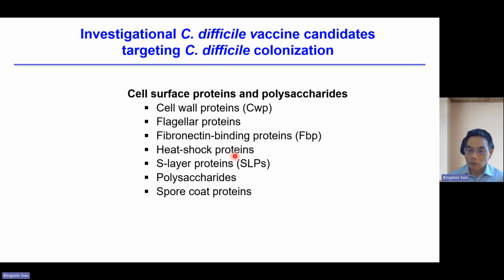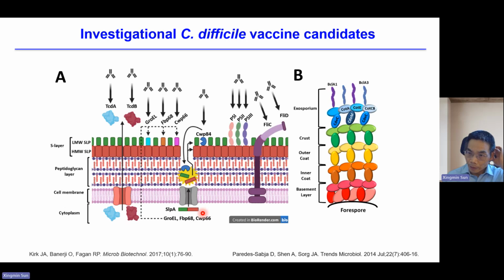A list of surface molecules, including proteins and polysaccharides, has been explored. Here is an illustration showing the vaccine candidates, including the toxin-based candidates, as well as the surface proteins or polysaccharides on the vegetative cell surface, which can be explored as potential vaccine candidates.